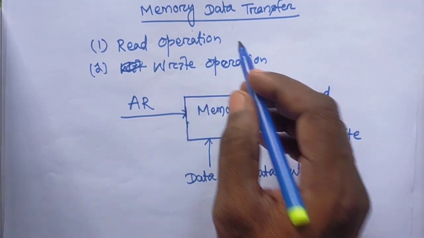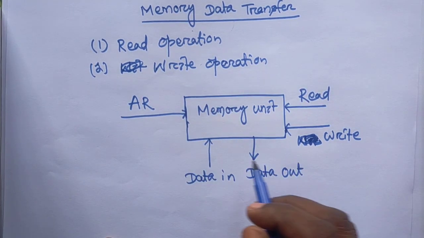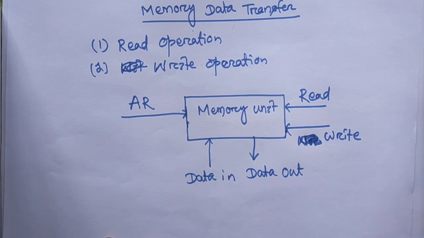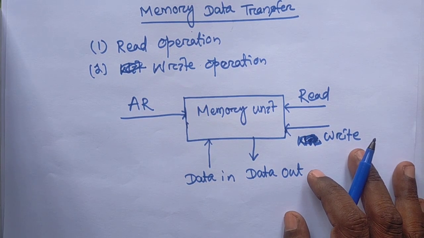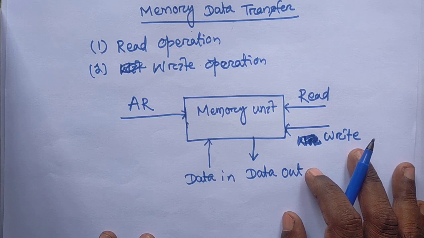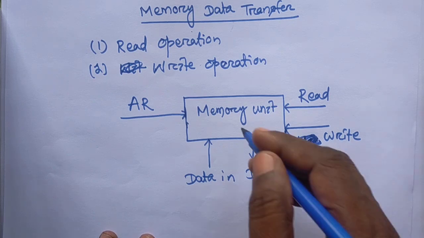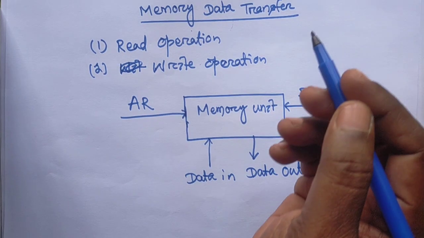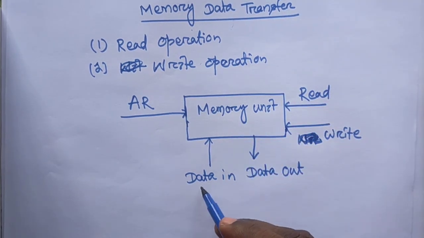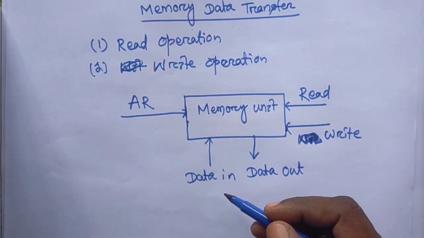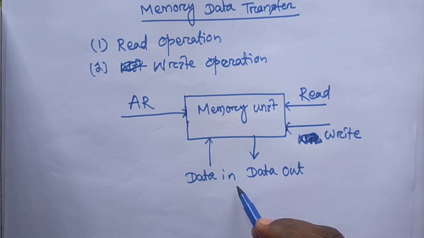If we go to write, it means the data is not available in memory, but we write some data into the memory. Then we go through data in.